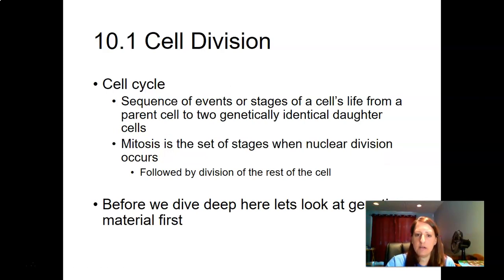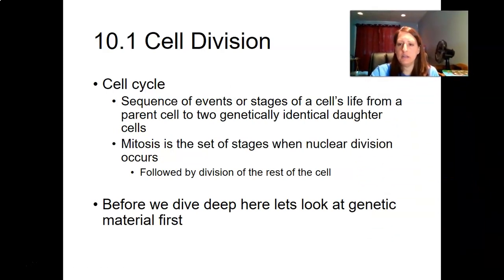Okay, so let's start off by first defining the cell cycle. So what exactly is this? The cell cycle is going to be a sequence of events or stages, and we're going to look at these stages in the next part of the chapter, 10.2. So it's a sequence of stages that take place in a cell's life as they go from a parent cell to 2 genetically identical daughter cells.